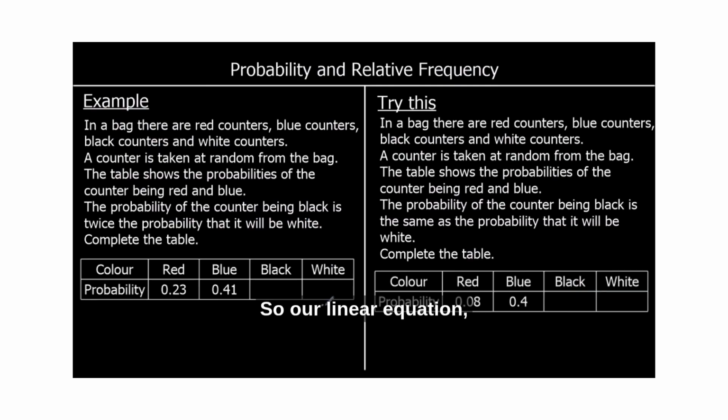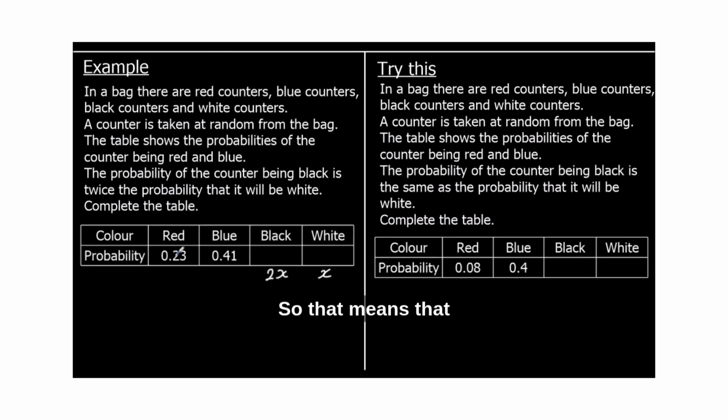So if the probability of white is x, the probability of black is double that. So double x is 2x. So black is going to be double whatever white is. So let's complete the table. Let's figure out what we've got so far. So we've got 0.23 and 0.41.